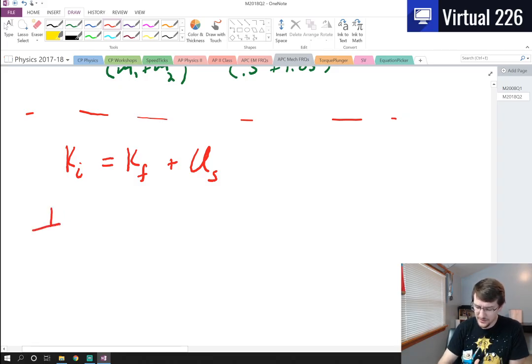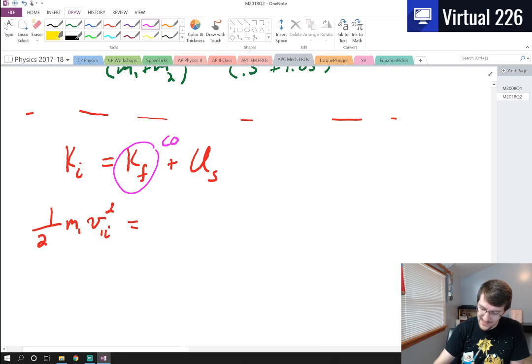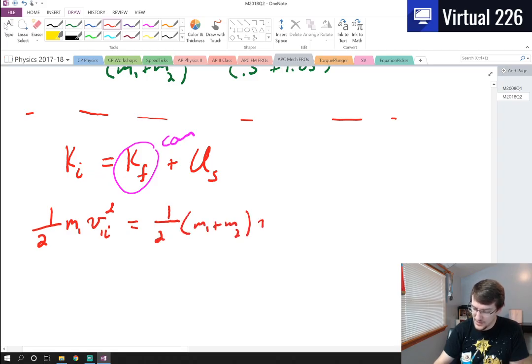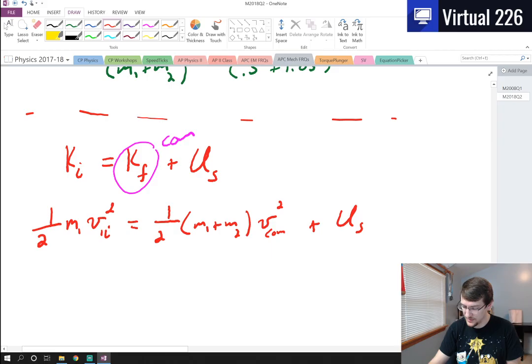So we'd have 1/2 m1 v1 initial squared equals, and then this is the COMM system, the center of mass. We'd have to say this is 1/2 (m1 plus m2) times v center of mass squared, and that added with our spring energy will be everything there. So it's just a matter of adding all of that together.